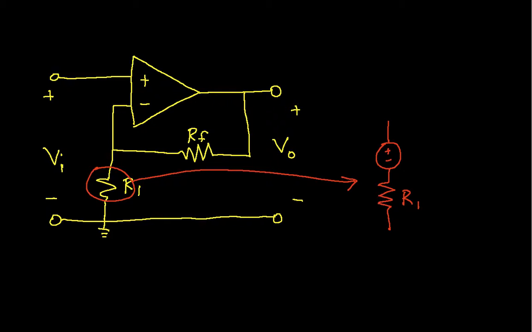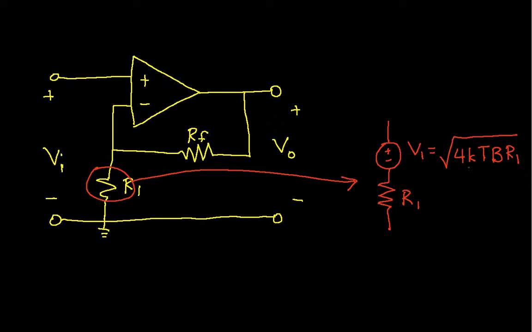We know that the voltage produced by this resistor, which in this case we might call V1, is given by the square root of 4kTBR1.